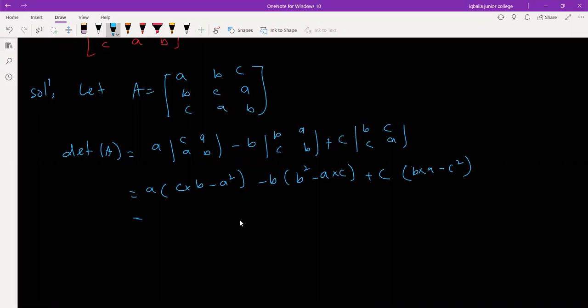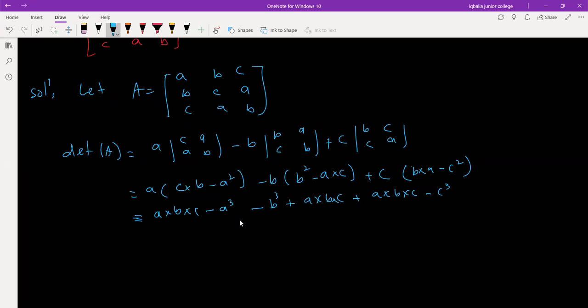So here just multiply A with all terms. Here A into B into C minus A cube, then minus B cube, then minus minus will be positive. Then here also A, B, C, then again A, B into C, then minus C cube.